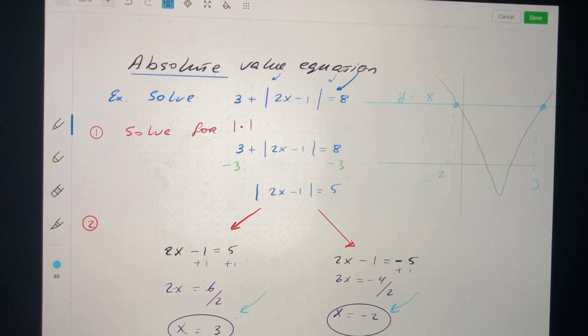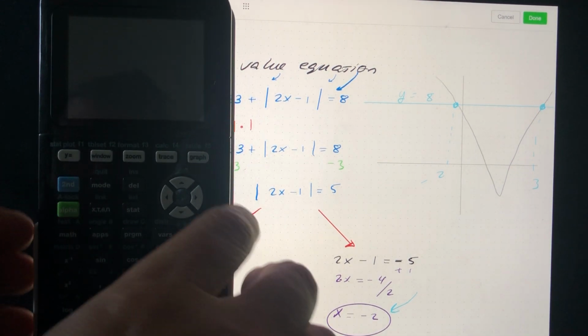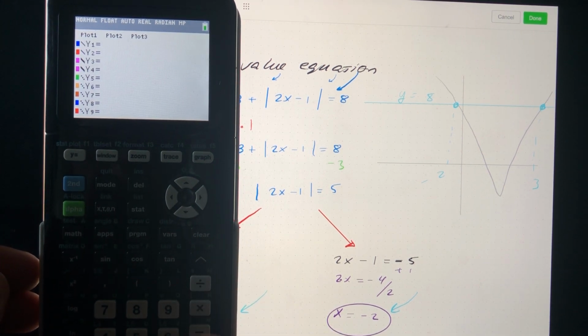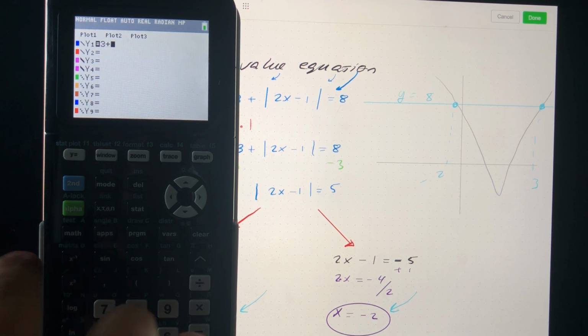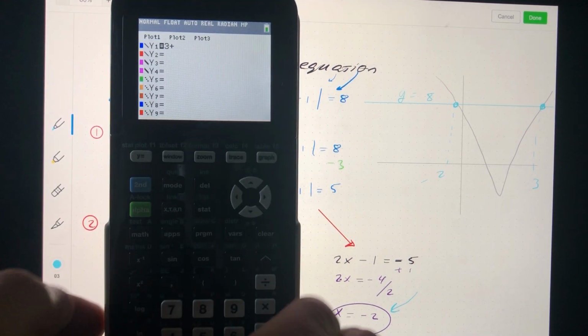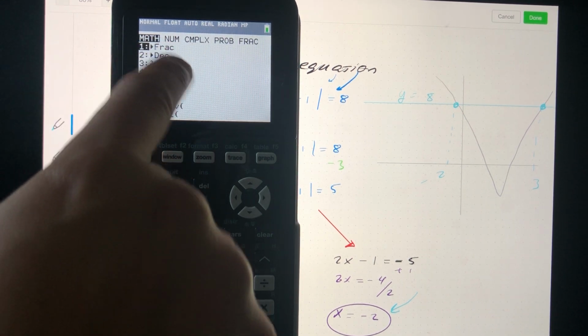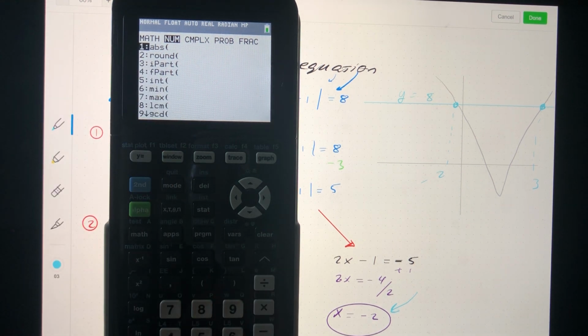So let's have a look at that and convince ourselves that it actually is so. So here is 3 plus, now the absolute value is located under the math button. So we hit math, the NUM stands for numbers, and the first choice ABS, that's actually absolute value.